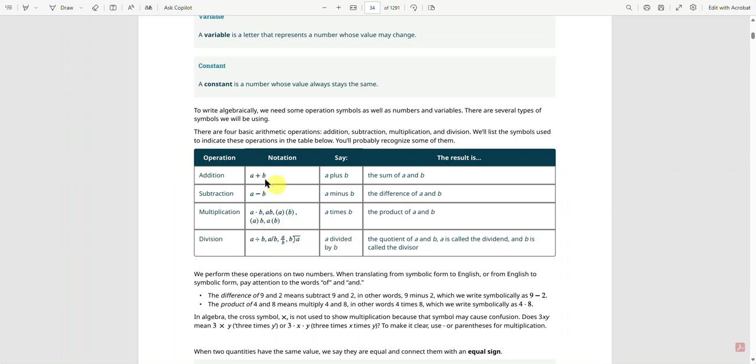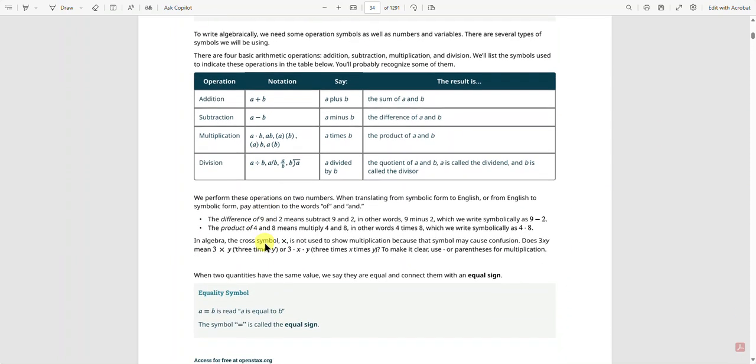So again, we're learning here the language of algebra, how to read and write algebraic expressions. Let's keep reading through the lesson here. We perform these operations on two numbers. When translating from symbolic form to English, or from English to symbolic form, pay attention to the words of and.